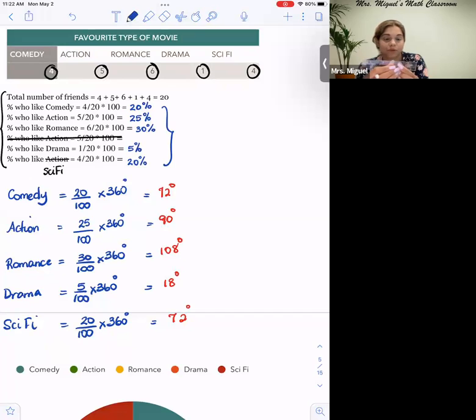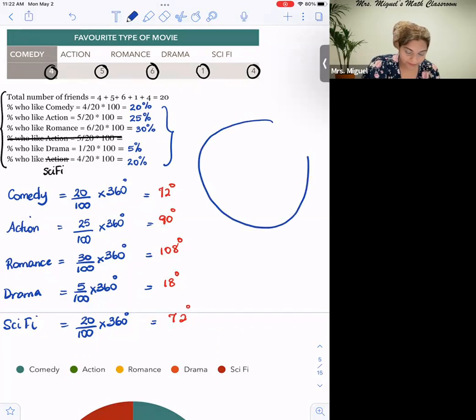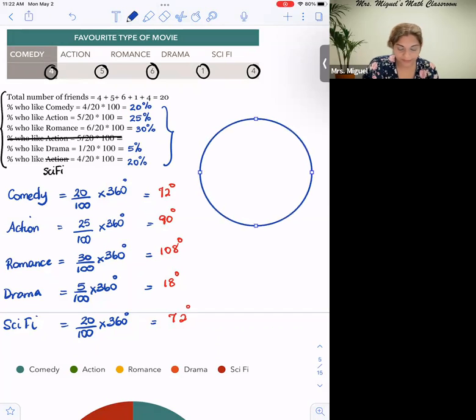Let us draw the circle radius 2.5 centimeters. So draw a circle that's 2.5 centimeters. And you're drawing a straight line showing the radius. This is 2.5 centimeters. Go ahead.